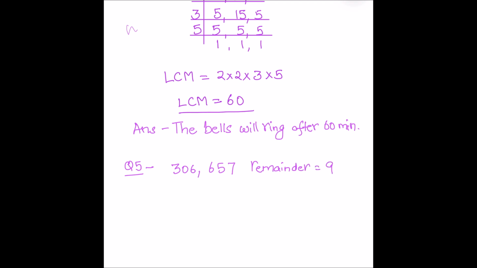To find the highest common factor, we are going to first subtract the remainder 9 from each of the original numbers, and then find the highest common factor.